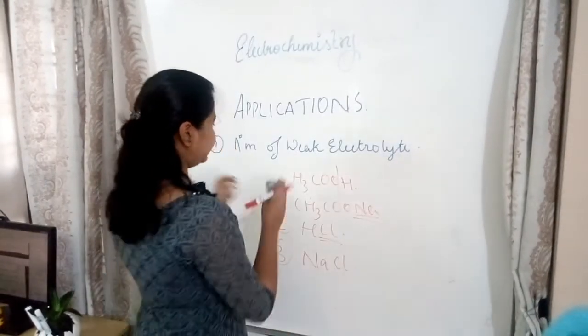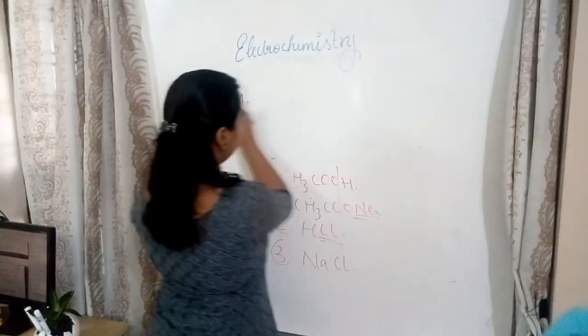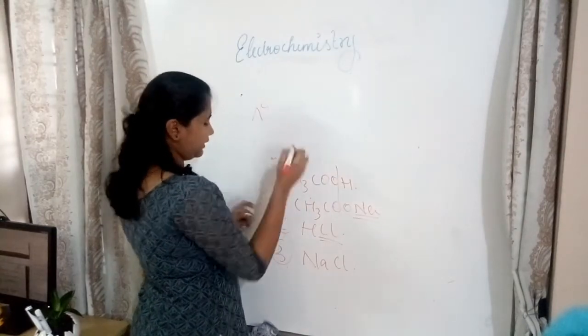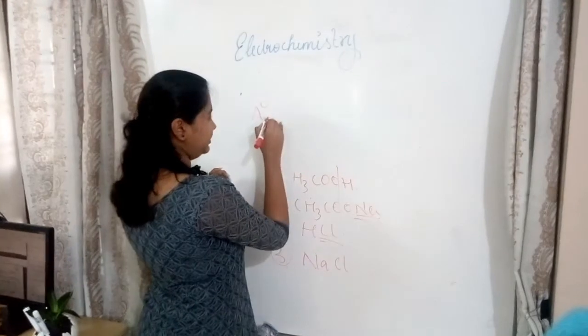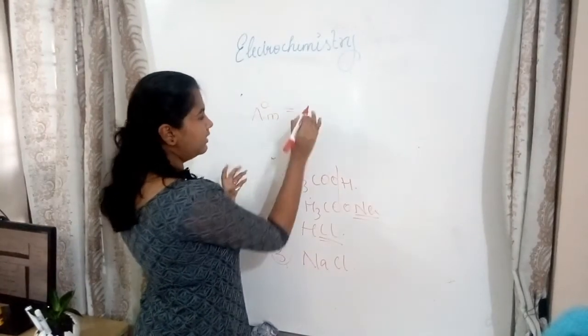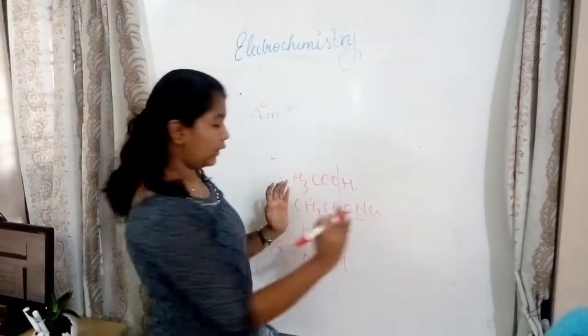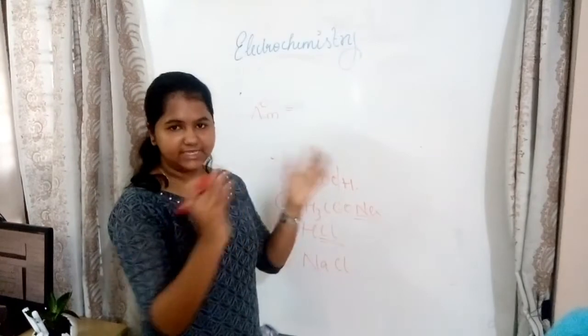Now what should we do? The next step is delta 0 m of CH3COOH, which we will write as delta 0 m only. First we will write the value of this, then this and this. So we will split each of them.